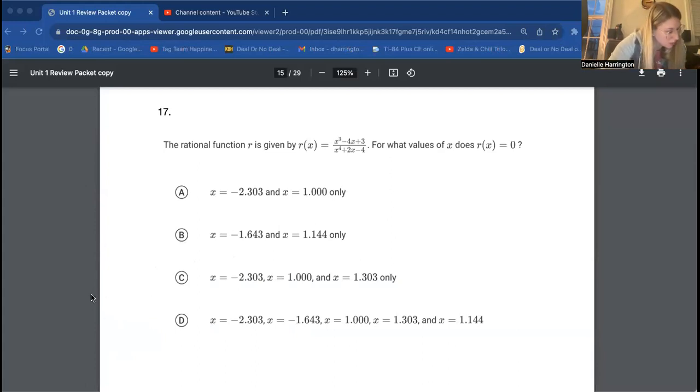And then in the denominator, I have x to the fourth plus 2x. And then minus 4. Before I even graph this, my denominator has the larger degree, so I know that my end behaviors are approaching 0. Just keep that in mind.